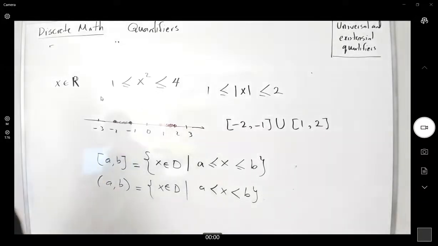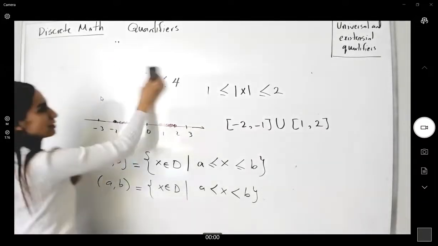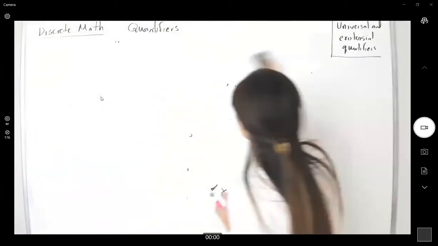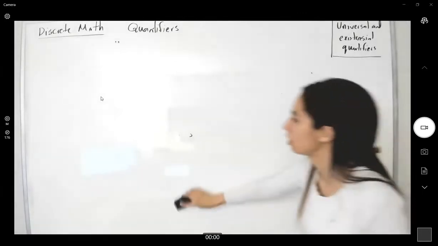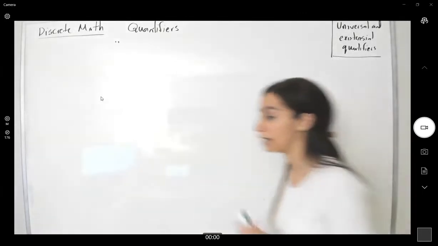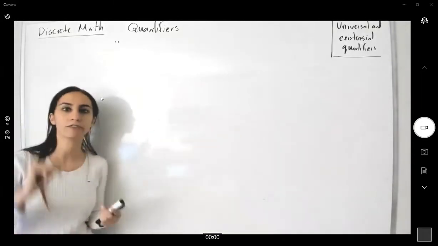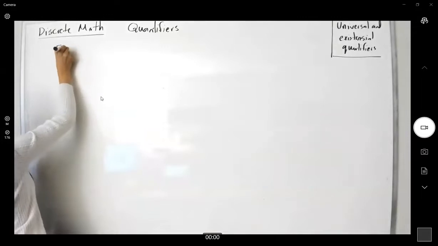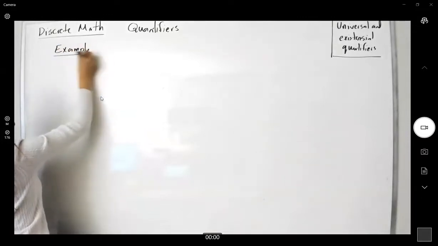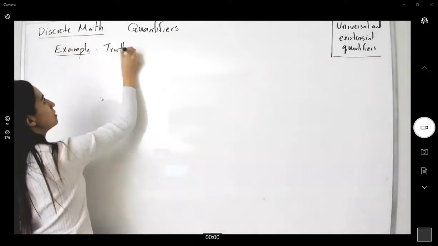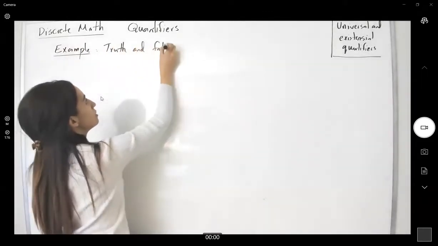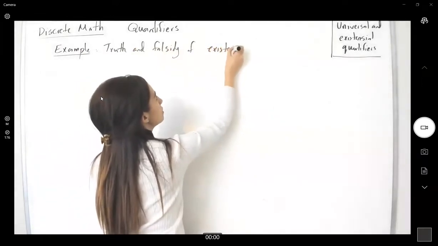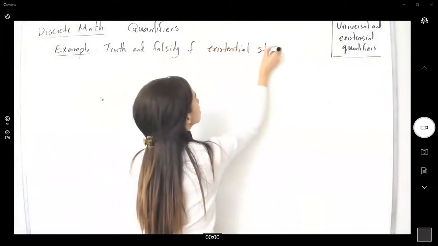Well, let us investigate the truth and falsity of existential statements. So remember that for the truth and falsity of a universal statement, we have to check every member, or we find a counter example. Truth and falsity of existential statements.